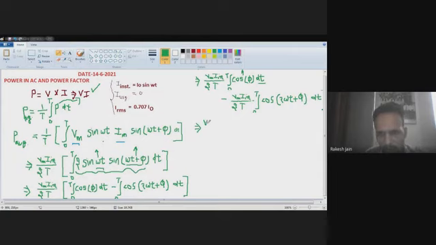Vm Im upon 2T stays outside, and in the integration you will have only 0 to T of 1 dt.